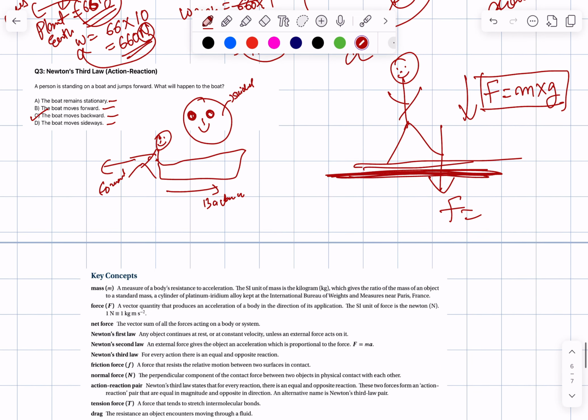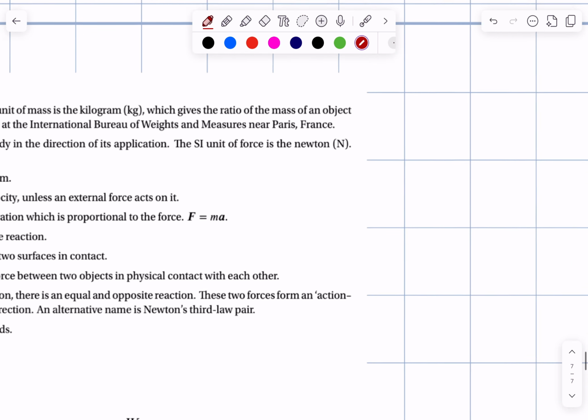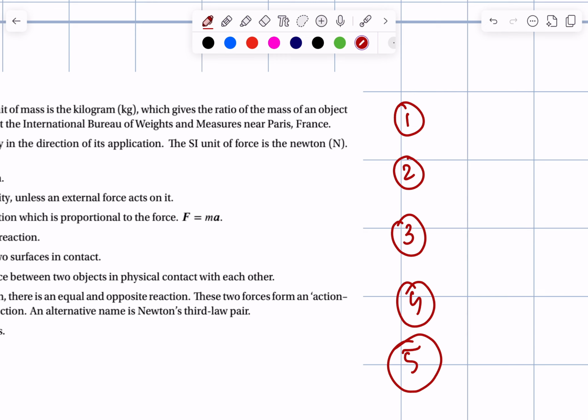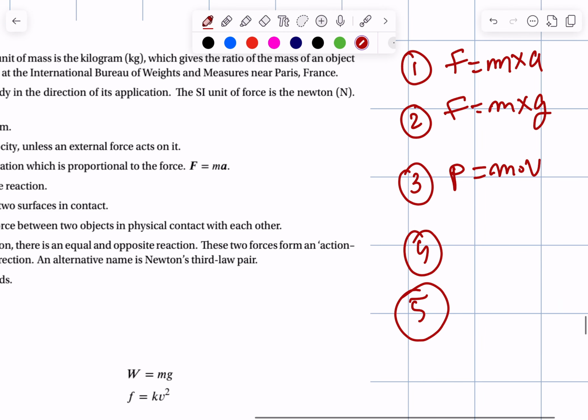So now, I have learned 5 formulas so far. Force equals mass into acceleration, force equals mass into gravity. Sir, can we say that weight is the force towards the earth? Yeah, exactly, that's the same thing.